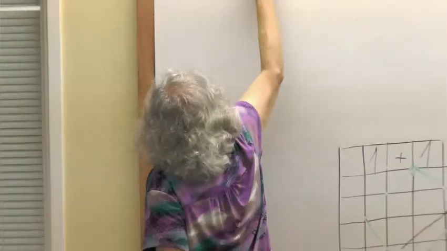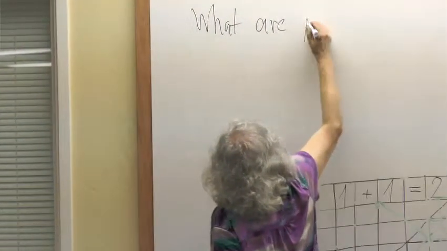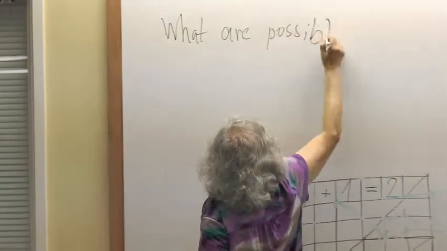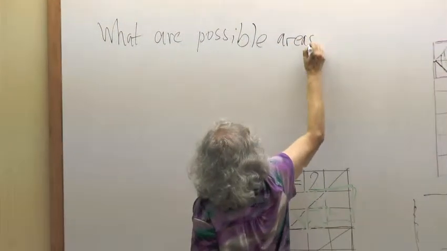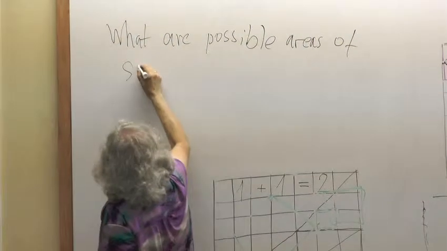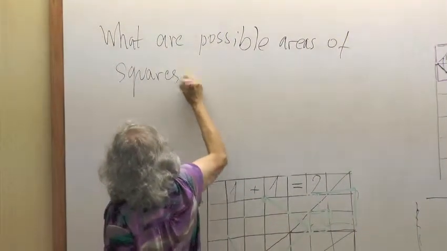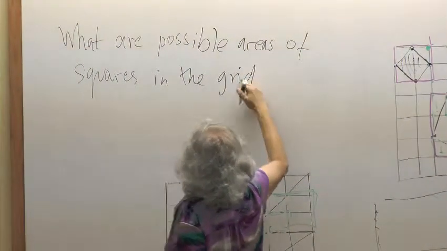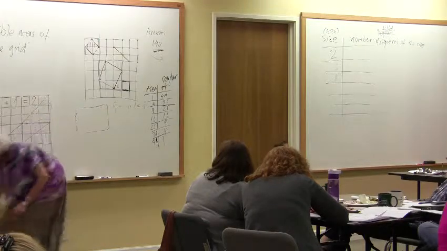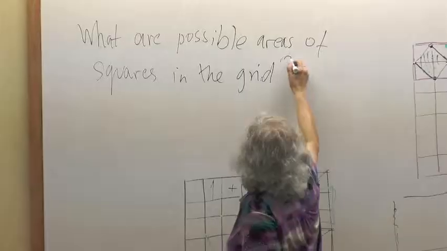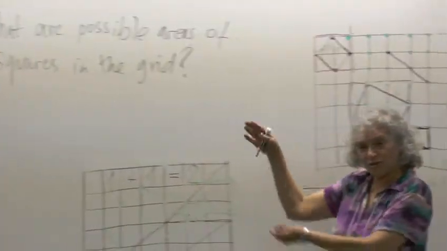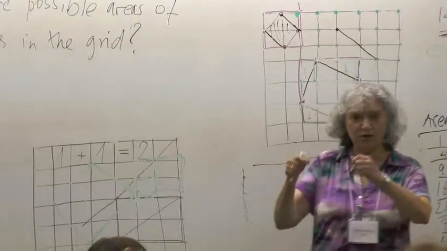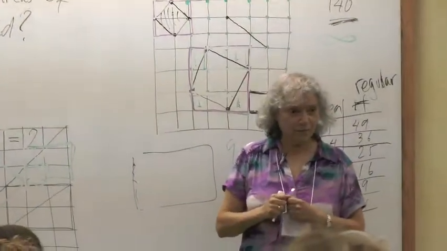What are possible areas of squares in the grid? Now, when I say in the grid, we assume that we are talking either about the squares that are aligned with the grid lines or the squares that are what we call tilted.